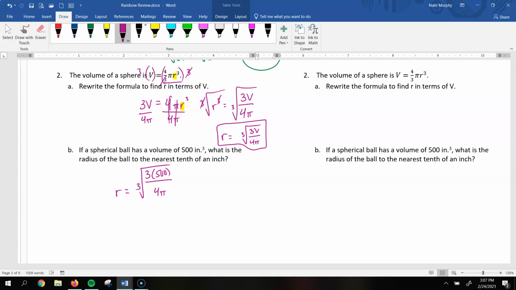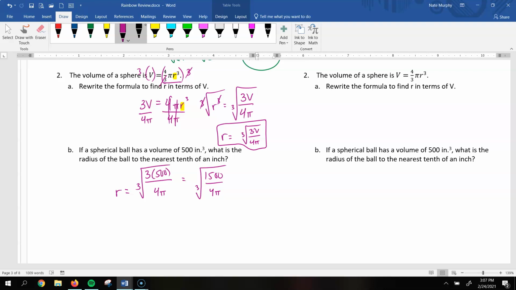Now, if you did this on your calculator and you got the wrong answer, you really want to make sure that you do this in the proper order. Personally, I would just type in, because I know 3 times 500 would be 1500 divided by 4 pi. So I would take 1500 divided by 4 pi first, figure out what that decimal is, and then take the cubed root of that.